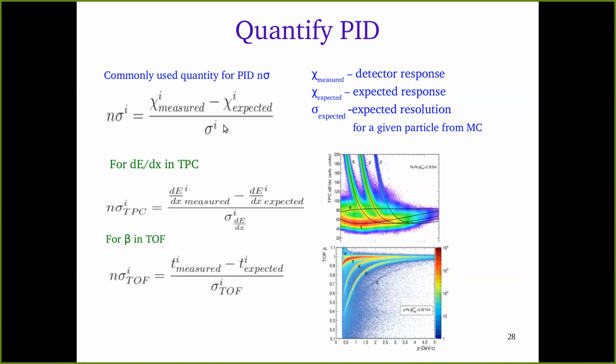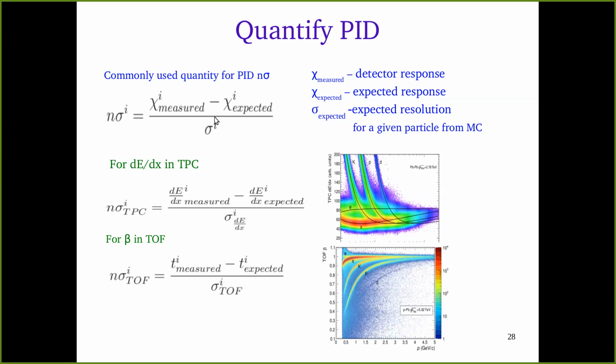Then there is one more thing, that is the expected resolution. Because if you get a signal, that signal will always come with a resolution, because it is not like a delta function. It ought to be, in the simplest case, a Gaussian distribution. As in the previous mathematical representation that I gave, the time resolution of your TOF was 80 picoseconds.